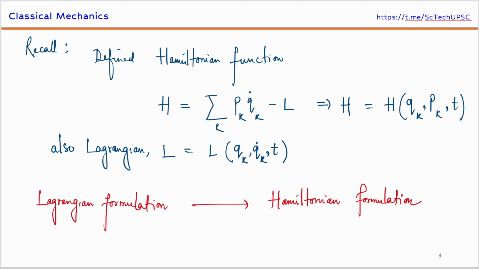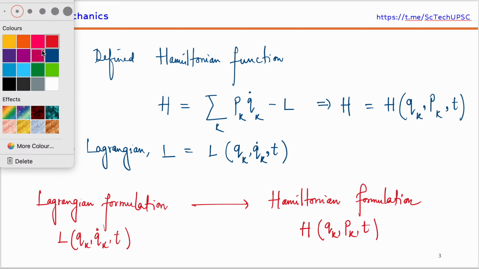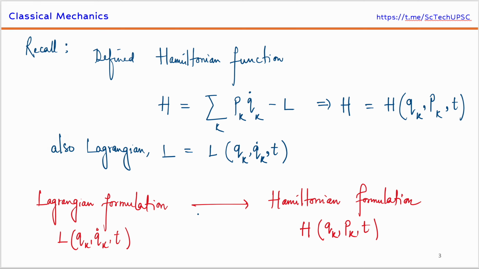That means the dynamics of a system which is described in terms of the Lagrangian function of qk, qk dot and t, we're going to describe with a new set of equations of motion which makes use of the function H, defined in terms of generalized coordinates, momenta, and time. We do this via a Legendre transformation.